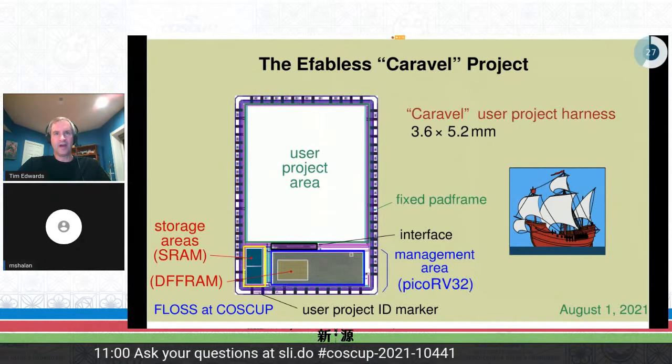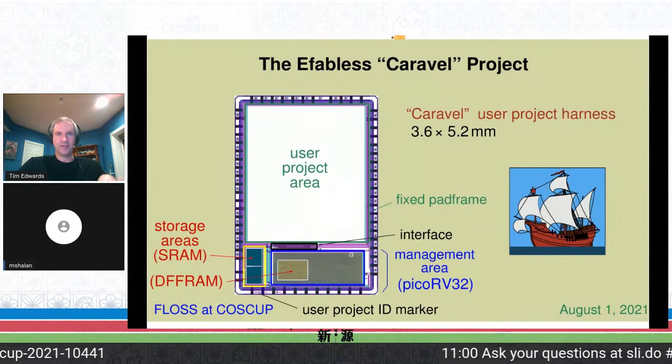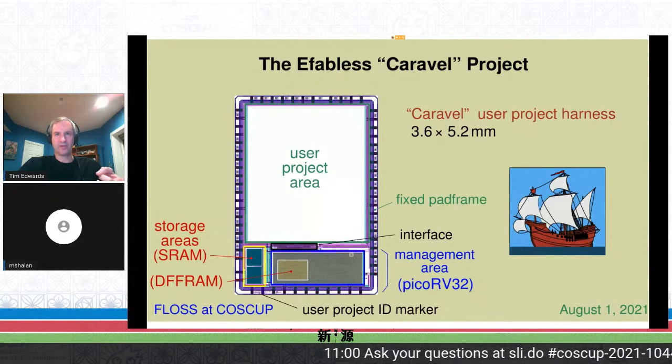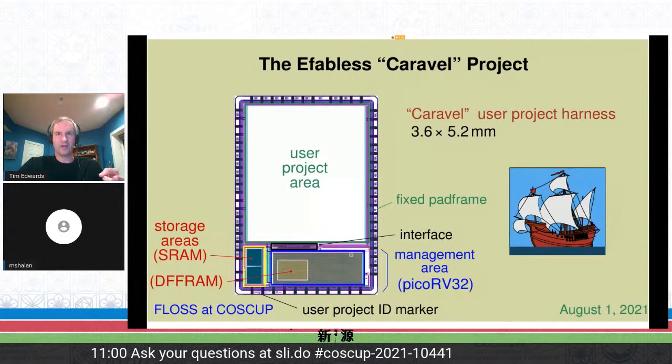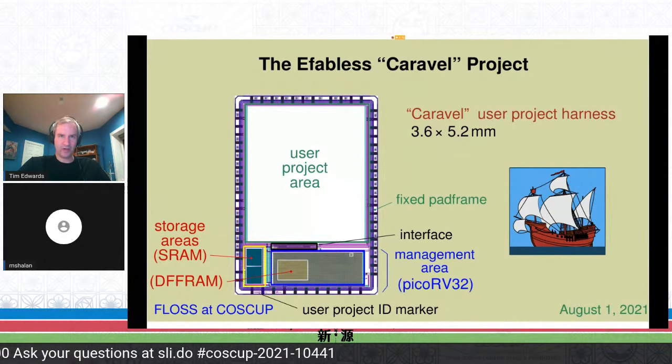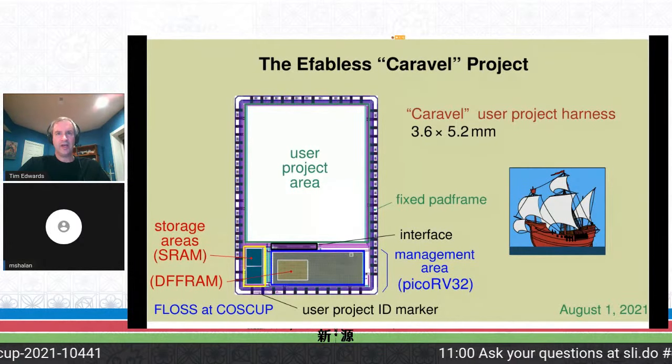The harness around the user project is all pre-designed. It contains the components that we put into the Strive proof of concept chip, which is to say a RISC-V processor core with some internal SRAM memory and various interfaces to the outside world, including an SPI flash memory controller, UART, SPI and I2C controllers, and a large bank of general purpose digital input and output.